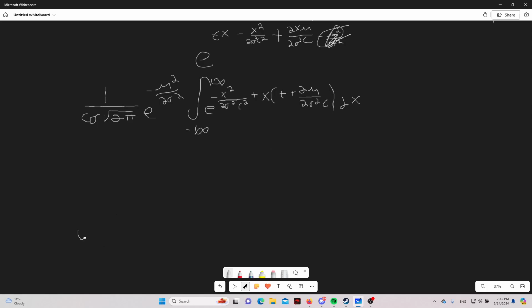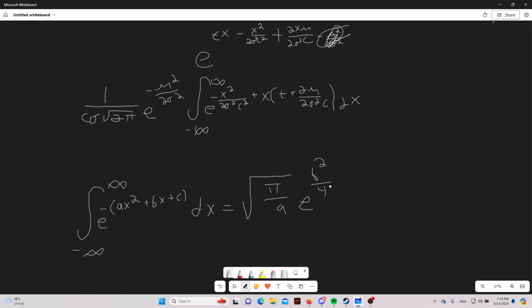One of the generalizations is, if you have an integral from negative infinity to positive infinity of e to the negative degree 2 polynomial, ax squared plus bx plus c, with respect to x, this is root pi over a, times e to the b squared over 4a, and then I think it's minus c.